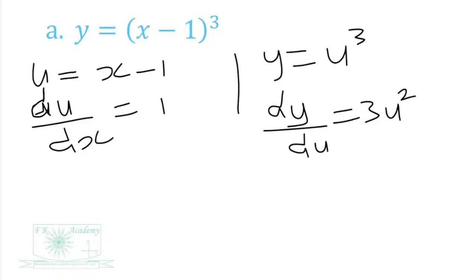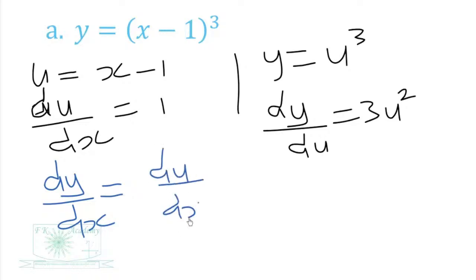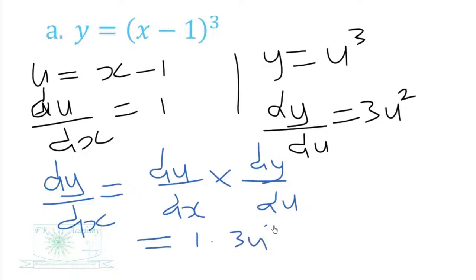So we can now find dy/dx, and that will be equal to du/dx times dy/du, and that will be equal to du/dx is 1 times 3u squared.